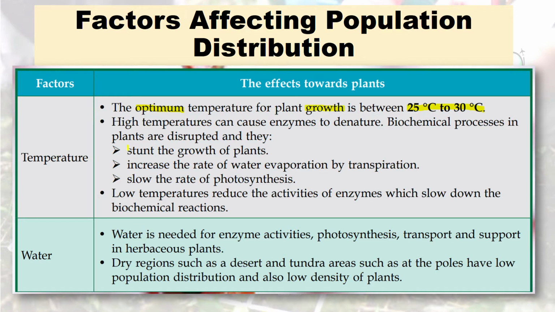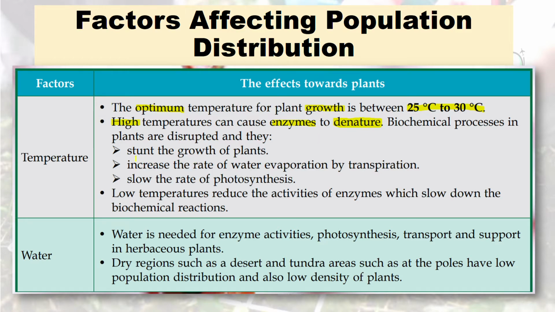Okay, how? If it is too high, terlampau tinggi, enzyme will denature. Okay, tidak dapat berfungsi, because we know for the biochemical processes to take place, enzymes is very essential. So if enzymes action is being disrupted, okay, in this case, high temperature causing the enzyme to denature, then we say that the plants is unable to grow well.